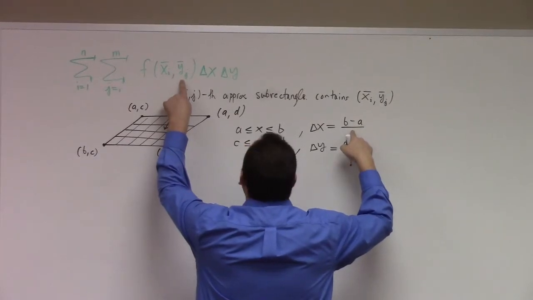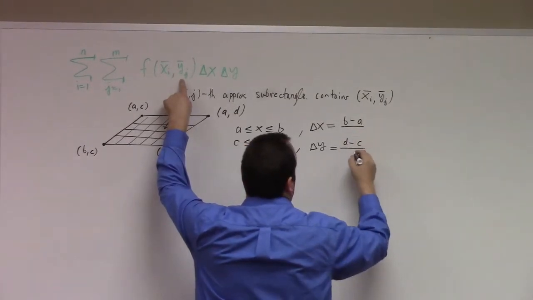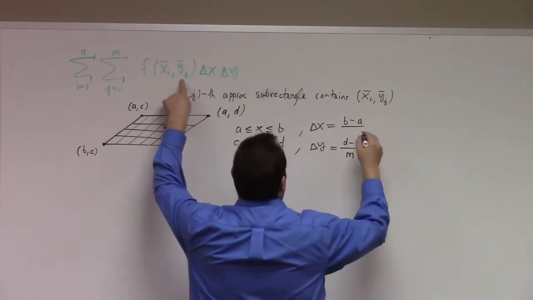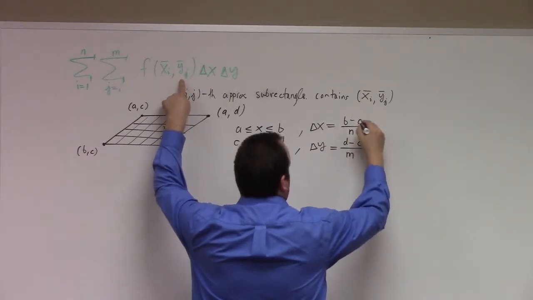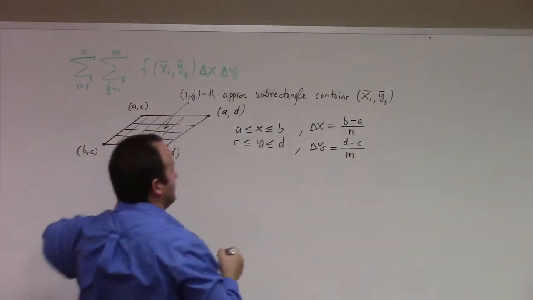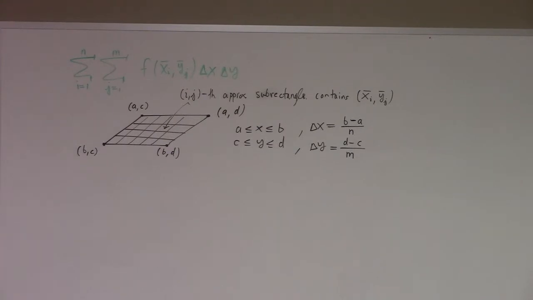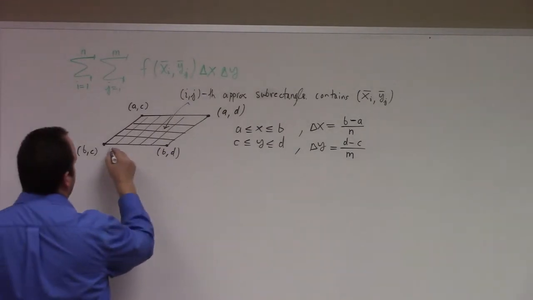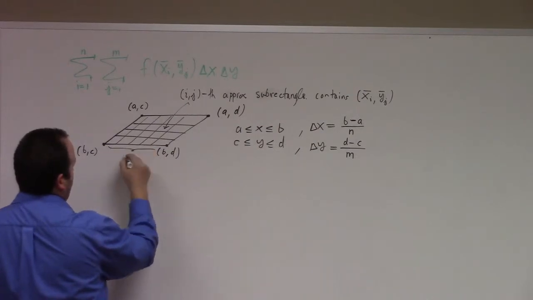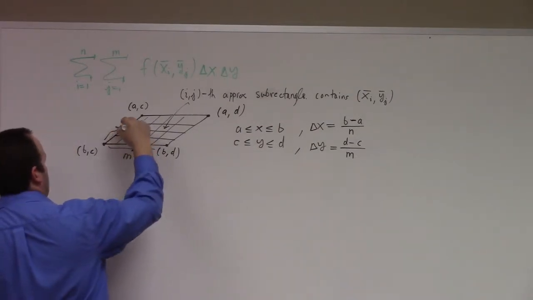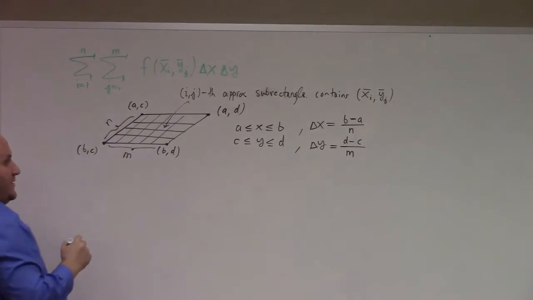So that means m goes with the d and c, right? M as in mummy, and n as in nanu nanu goes with the other one here. There you go. So in other words, there are m divisions this way, and there are n divisions that way.